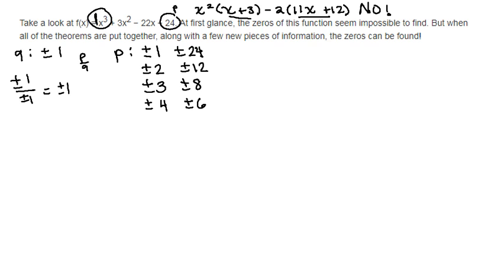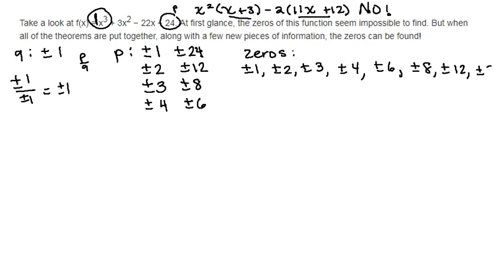And then 1 divided into 2 is 2, 1 divided into 3 is 3, 1 divided into 4 is 4, all of them with plus or minus. So the list of possible zeros are plus or minus 1, plus or minus 2, plus or minus 3, plus or minus 4, plus or minus 6, plus or minus 8, plus or minus 12, plus or minus 24.